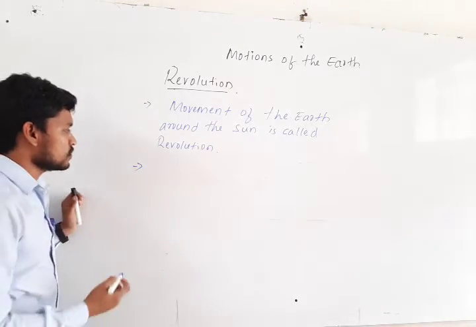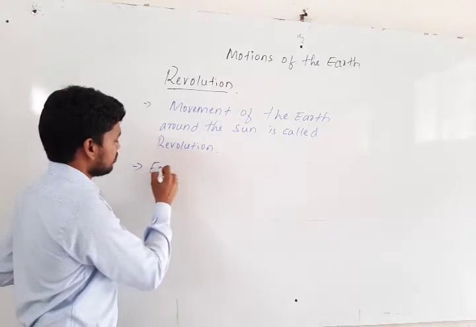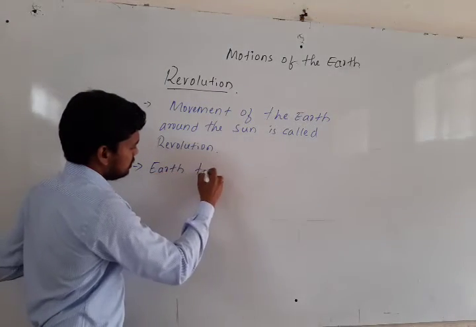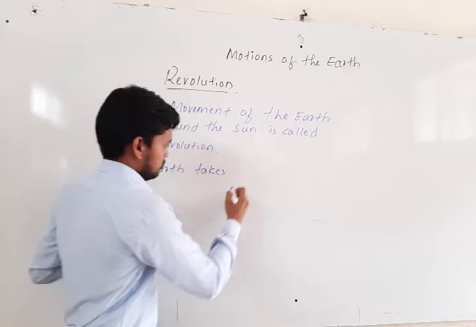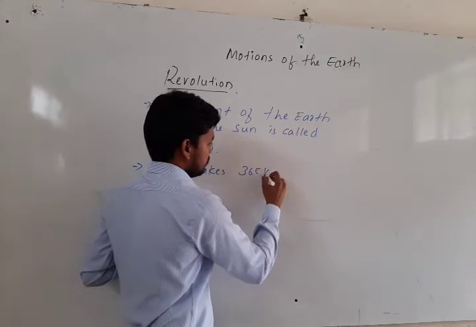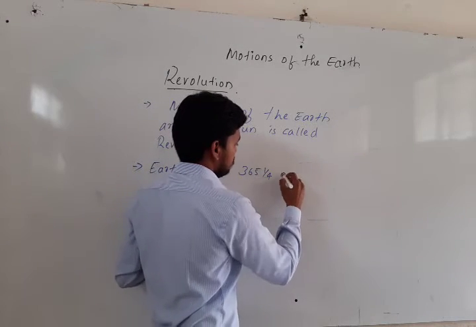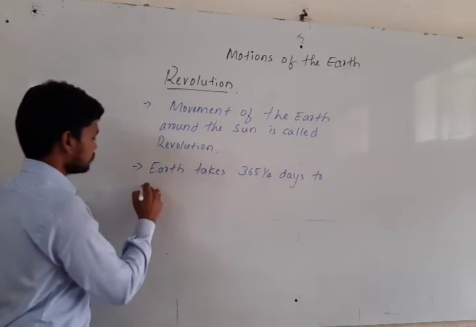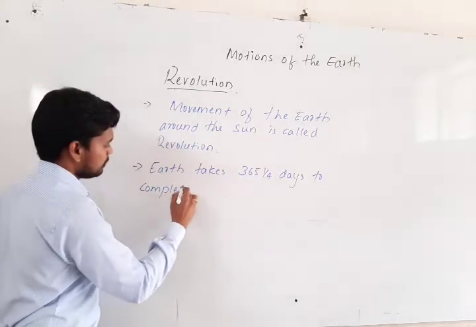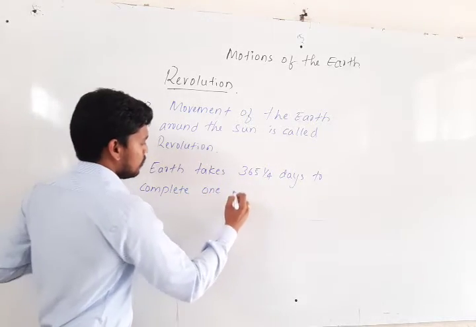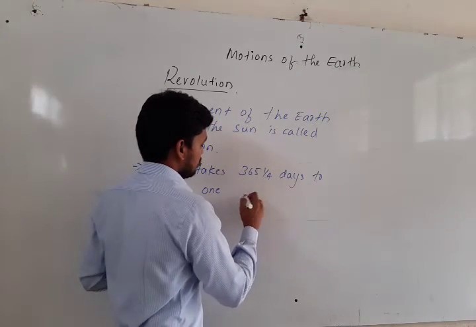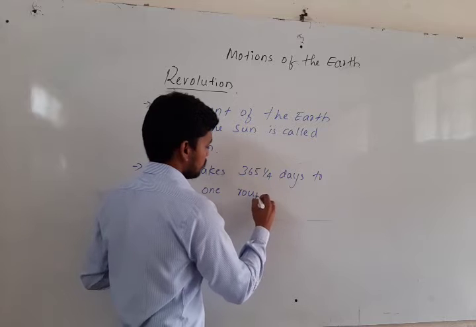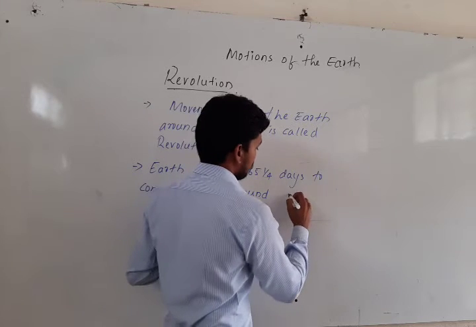It's very simple. The earth takes 365 and 1/4 days to complete one round around the sun.